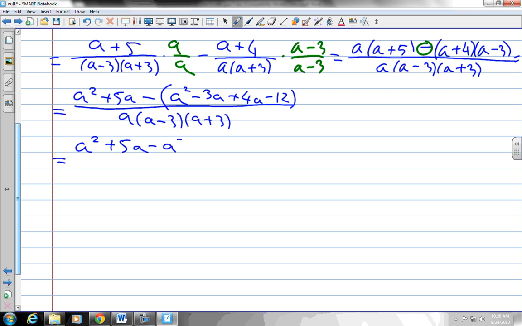So minus a squared plus 3a minus 4a plus 12, divided by whatever the LCD is. And I'm just copying the LCD over and over. So all the parentheses are opened. I can now cancel a few things, combine like terms, see where that takes me.